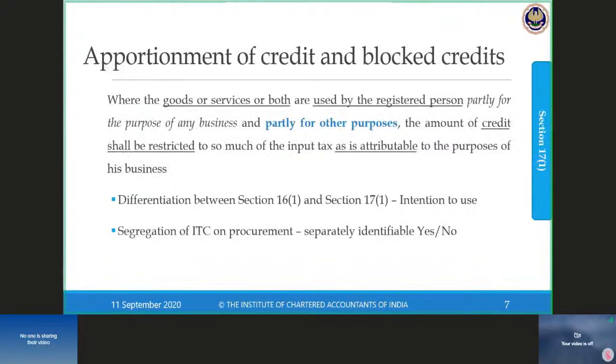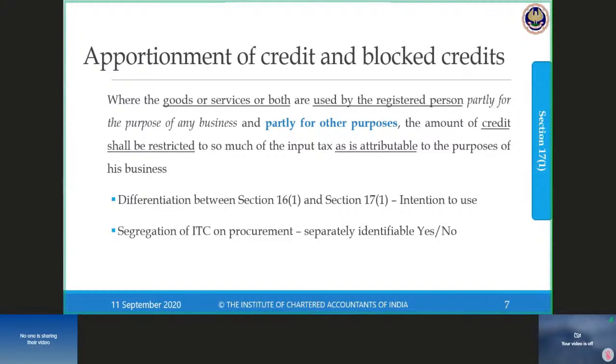So in a month, I manufacture 1 lakh bicycles. Out of 1 lakh, say 1,000 bicycles are given as charity. Now, whenever I procure raw material, is it possible for me to identify what is for business and what is not for business? The answer would be yes if it is identifiable, no if it is not identifiable. In the case of bicycles, I am not in a position to identify.